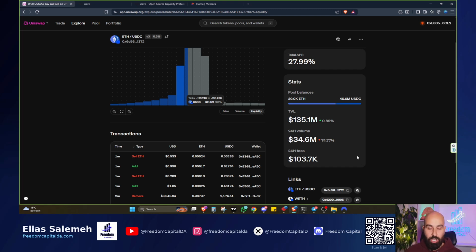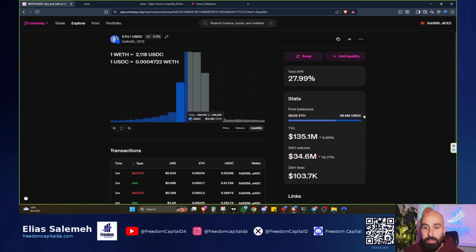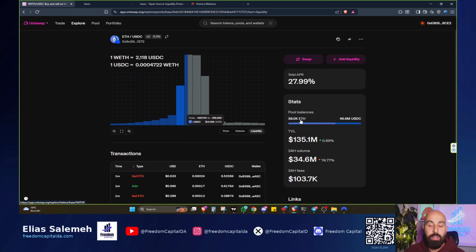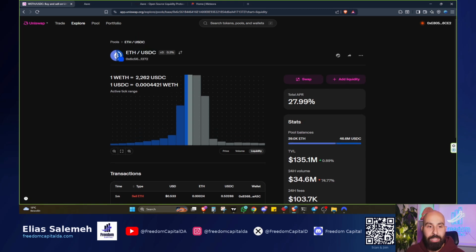So obviously these are huge numbers. This is just for the sake of example. And this also shows you how much there is from both pair in the pool. So you have right now 39,000 Ethereum and 46.6 million USDC. And the total APR is around 28%.